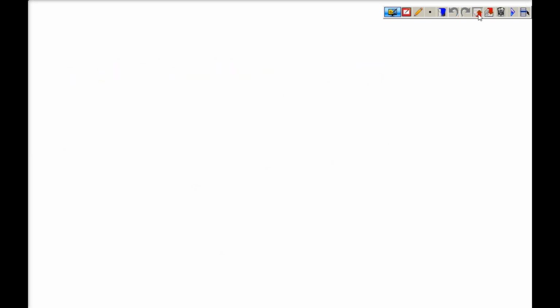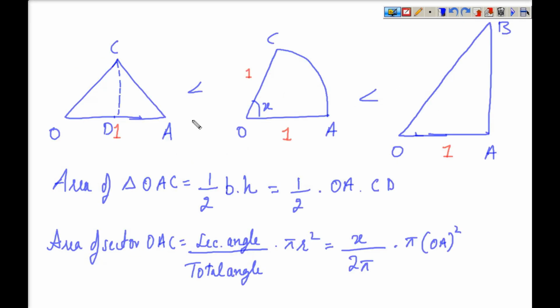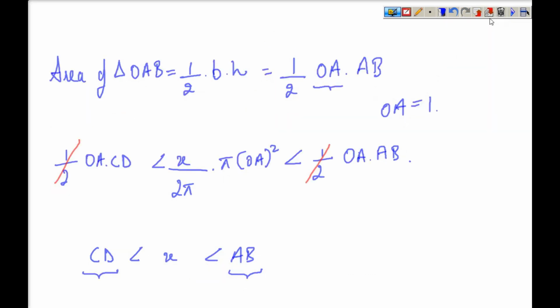Now from these triangles, going back and looking at this triangle OAC, here this is x radians, right? Applying some trigonometry, let's redraw this triangle OAC. Here we have D and a line here, and this is x radians.